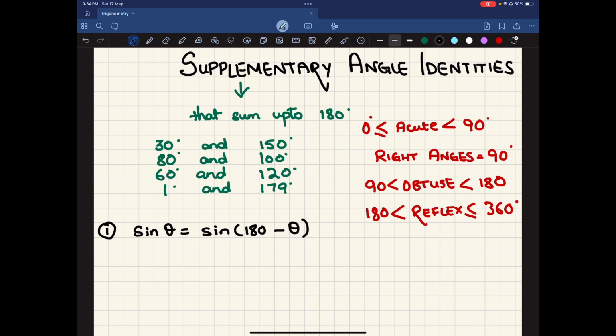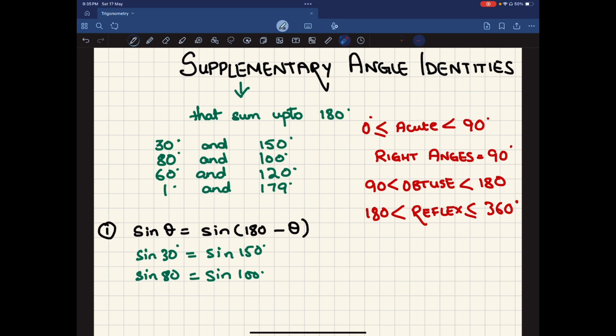Okay. What this identity is stating is that sine of 30 is going to be equal to sine of 150. Sine of 80 is going to be equal to sine of 100.